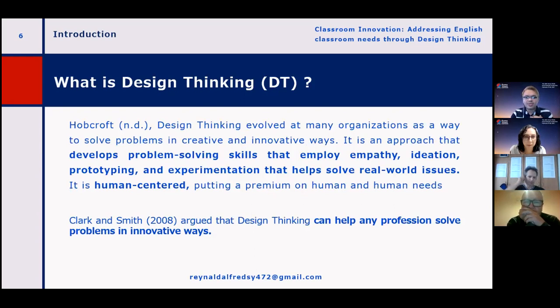Design thinking fosters problem solving skills. It employs empathy. It has ideation, prototyping, and experimentation. It's actually an approach that we can use in any profession. It's linear if you would look at the process, but then again, by nature, it's iterative, meaning to say it doesn't actually follow the step-by-step process.